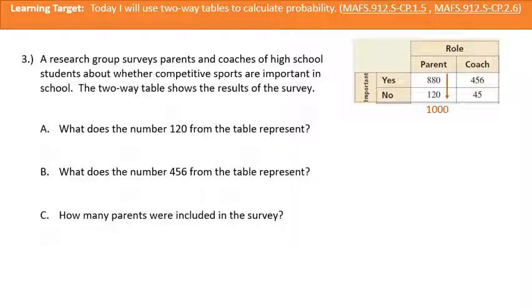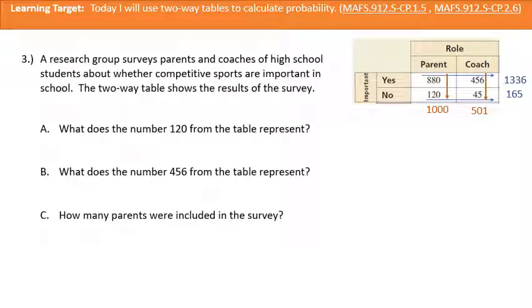If we add straight down, 880 plus 120 is 1,000. If I add straight down the coaches, 456 plus 45 is 501. If I add straight across the number of people that said yes, 880 plus 456 is 1,336. And the people that said no was 165, 120 plus 45.